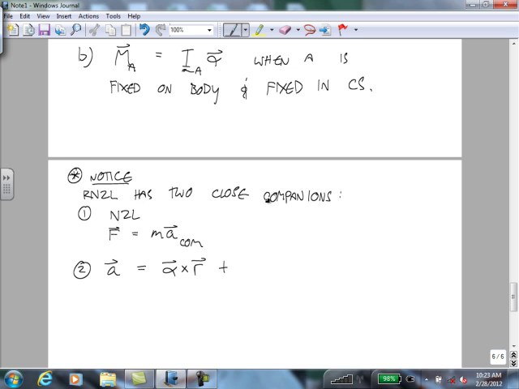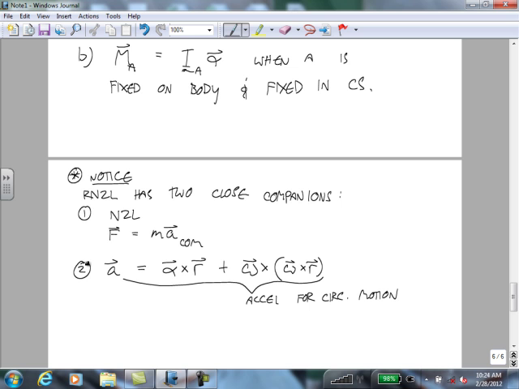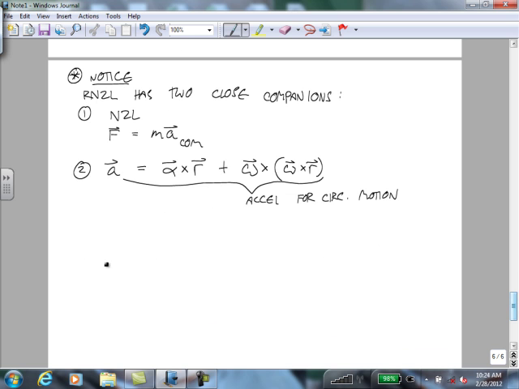And second, the acceleration of a point is equal to the angular acceleration crossed with the r vector plus omega cross quantity omega cross r. This is the vector version of the equation that gives you the acceleration for circular motion.